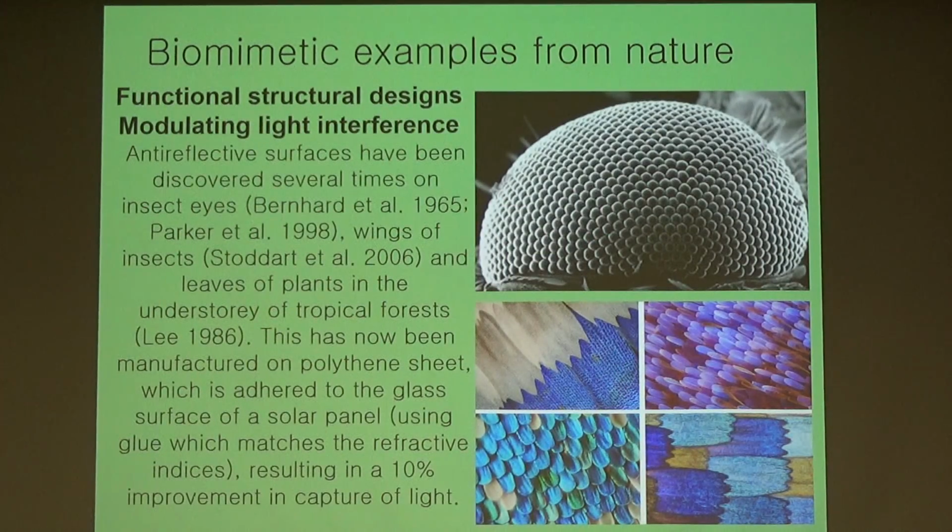There are others. We look at some functional structural designs, and there's a big area in biomimetics that I'm just focusing on, some key areas where it's really taking off in the technology field. And it's mainly physicists and chemists at the moment that are developing these, and less so biologists.